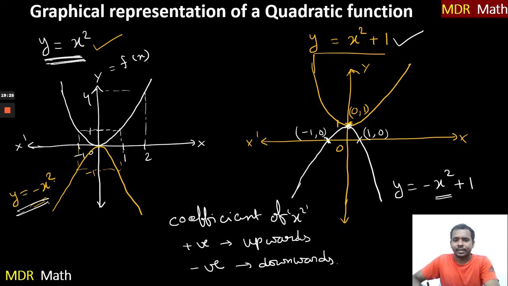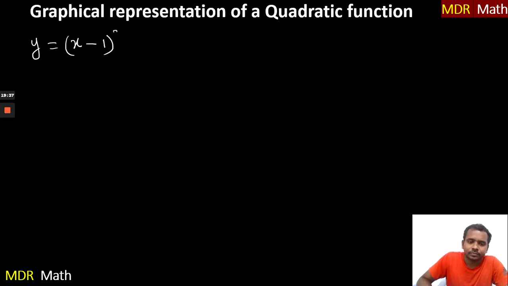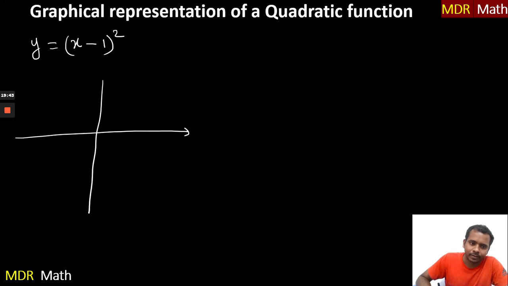Now let's take one more. Let us take y is equal to x minus 1 whole square. So how does it look?